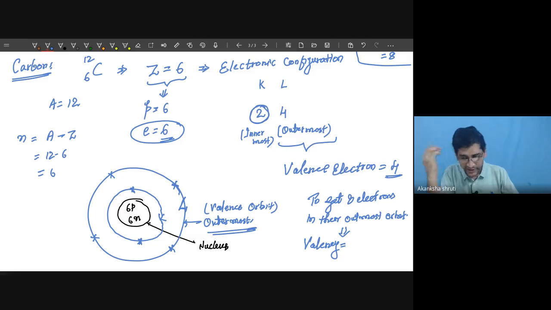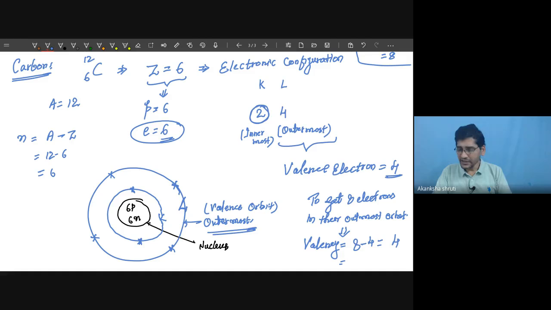How many more are required? 8 minus 4, so it is 4. The other way of saying this is how many electrons it needs to lose so that the outermost orbit has 8 electrons or 2 electrons. Getting a duet is not the stable one, that we will see. So losing is also not possible.